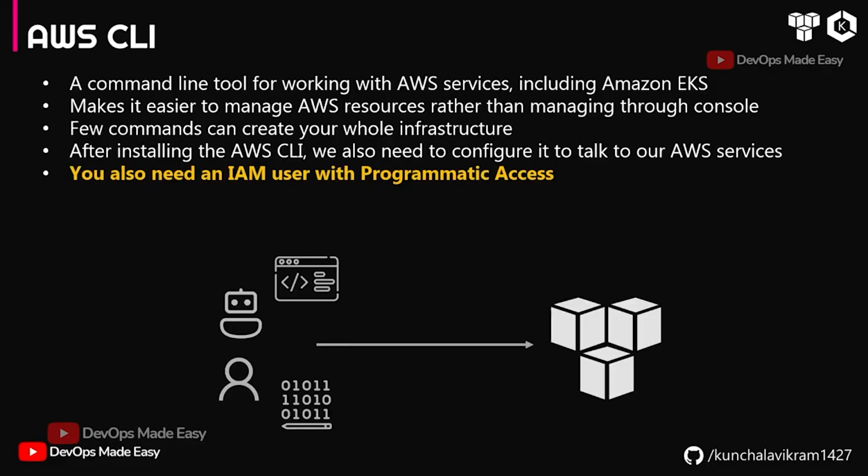But if you're doing the same thing with the AWS CLI, it is much faster, because you don't have to navigate through infinite pages to get that architecture up and running. And also remember, in order to work with the AWS CLI, you need an IAM user with programmatic access, because first you need to configure the AWS CLI with the IAM user's access key and secret access key to talk to the AWS services.